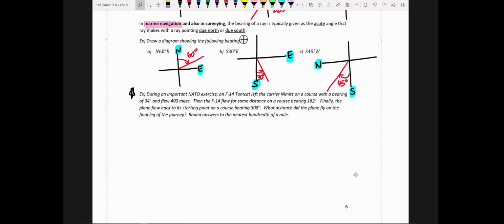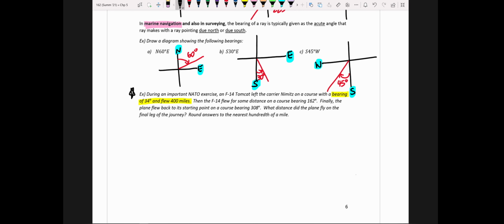Okay, so it says, during an important NATO exercise, an F-14 Tomcat left the carrier on a course with bearing 34 degrees and flew 400 miles. Okay, so let's draw that in. Bearing 34 degrees and flew 400 miles.